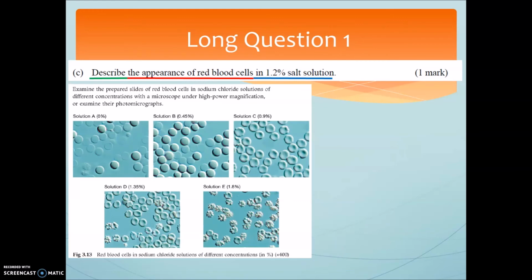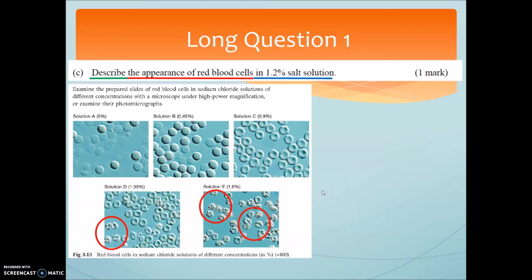And then for part C, I would like to extend something. That's the diagram I captured from the book. The same experiment, we put the red blood cell into the sodium chloride solution. That means the saline, the salt solution. And then I would like to focus on solutions D and E, 1.35% and 1.8%.